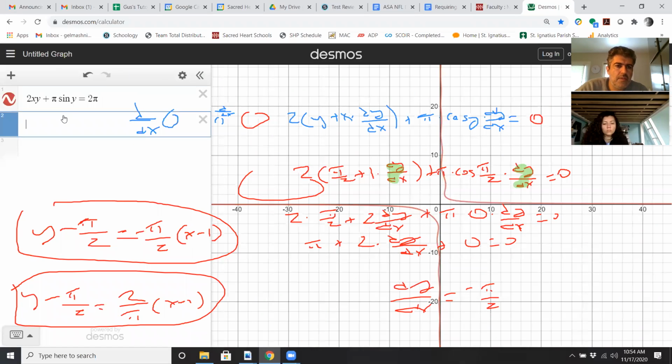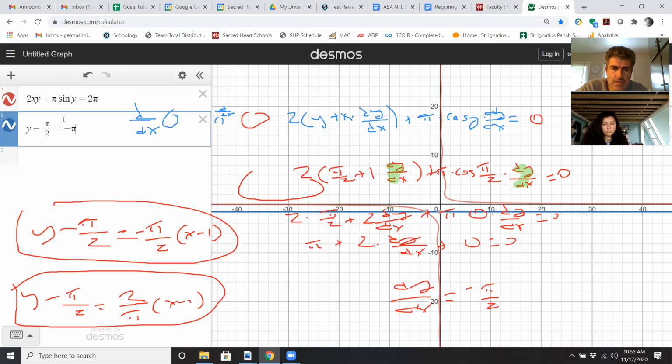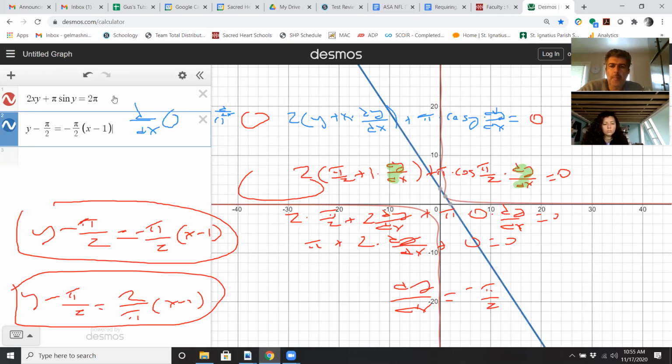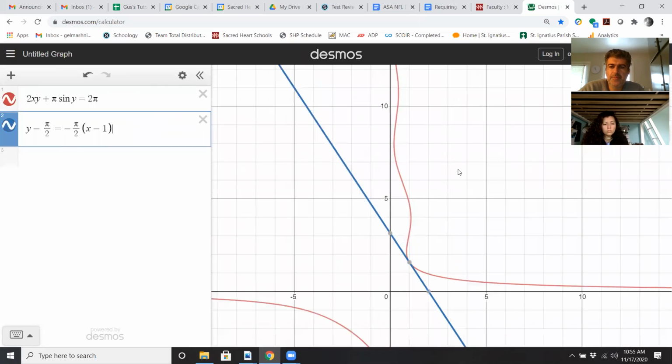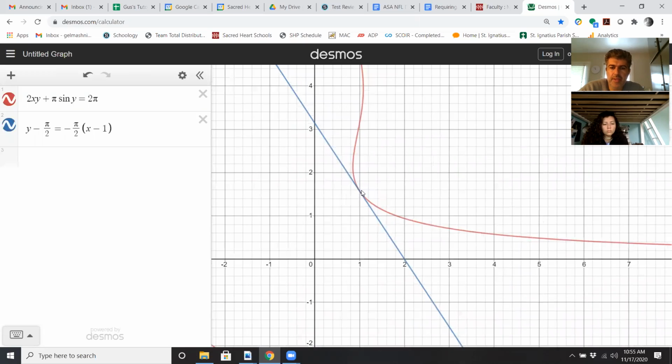And I type in my tangent line. Clear my screen, zoom in, and that looks like a tangent line to me, and it's hitting it.